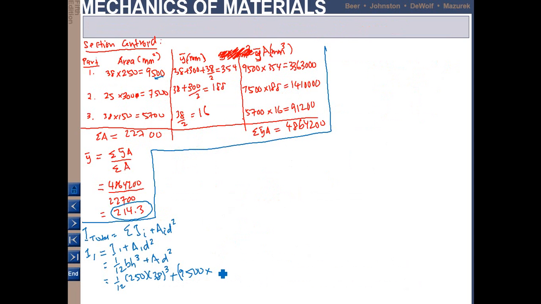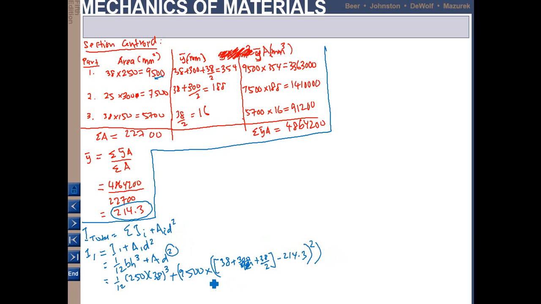This distance is 38 plus 300 plus 38 over 2 minus 214.3, and then this has to be squared.